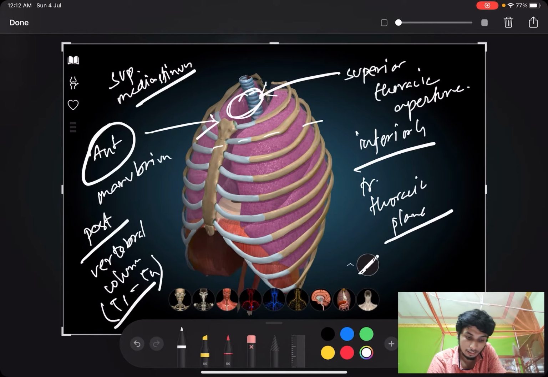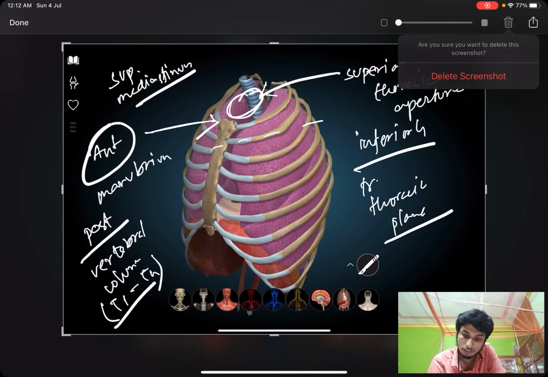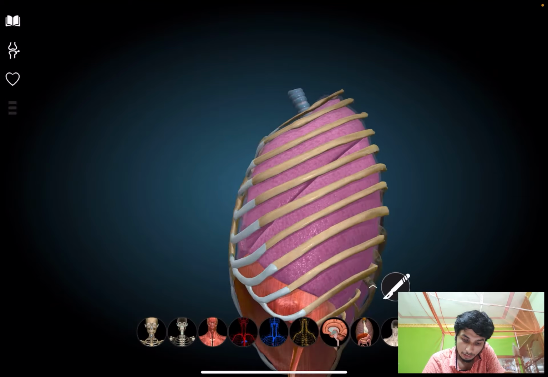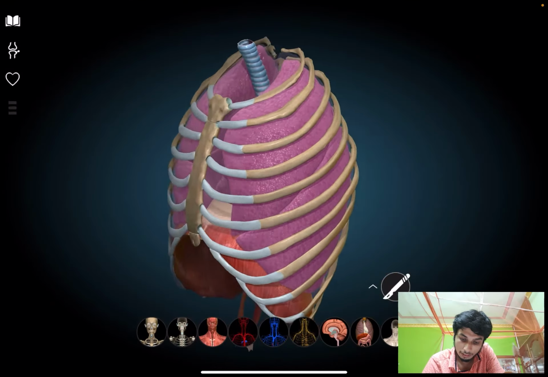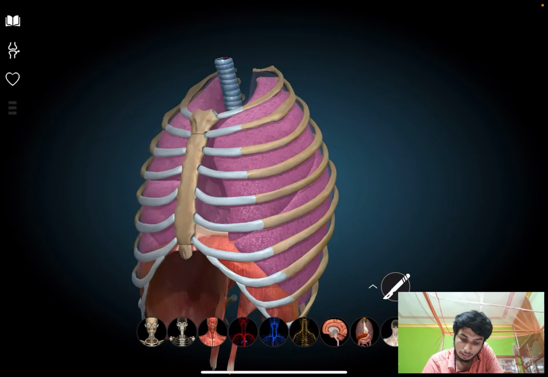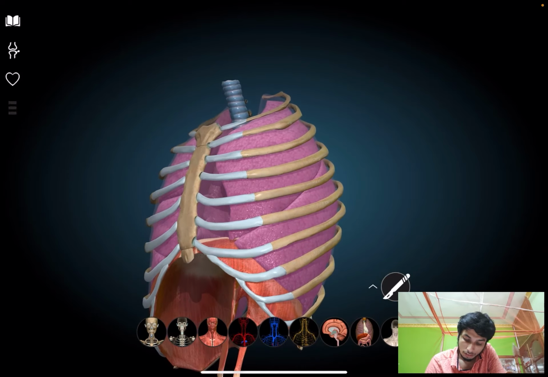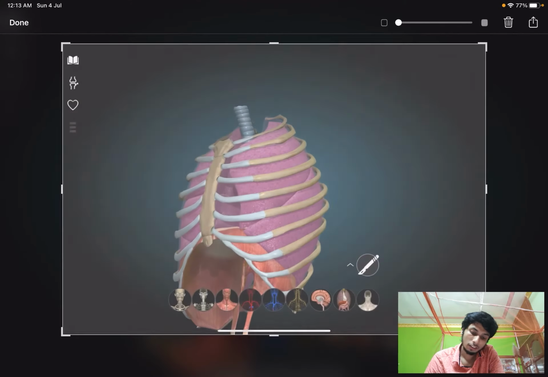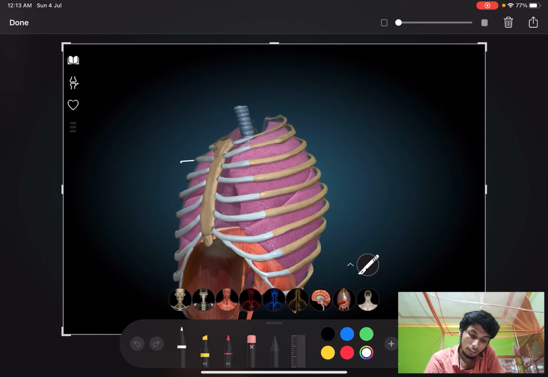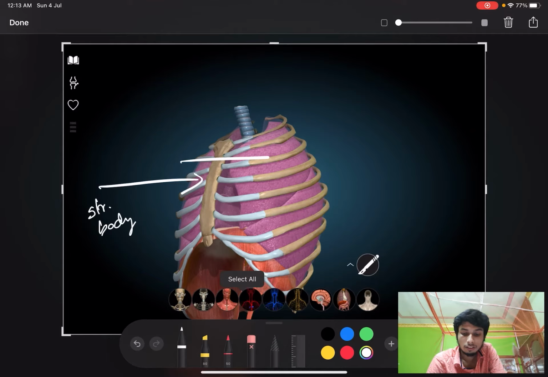Now let's discuss inferior mediastinum. Boundaries of inferior mediastinum: anteriorly sternal body, posteriorly vertebral column T4 to T12.